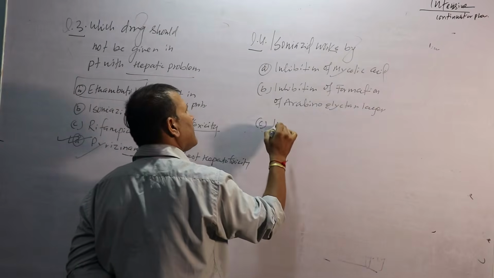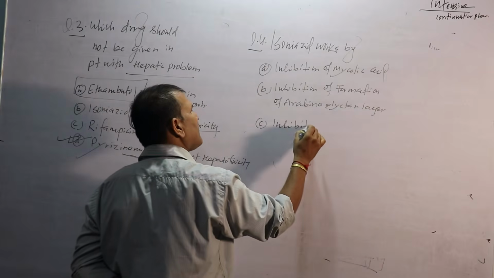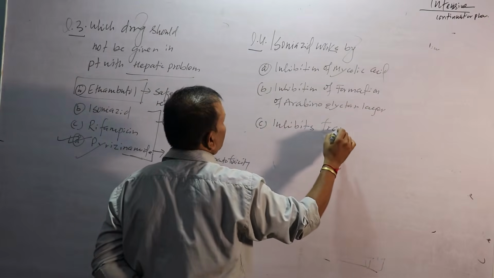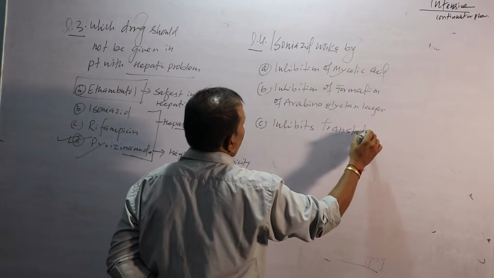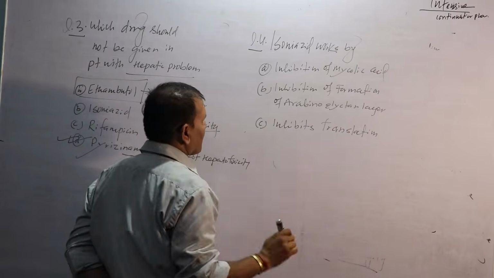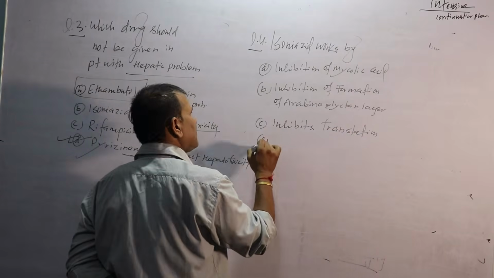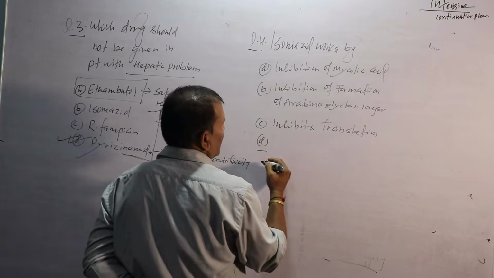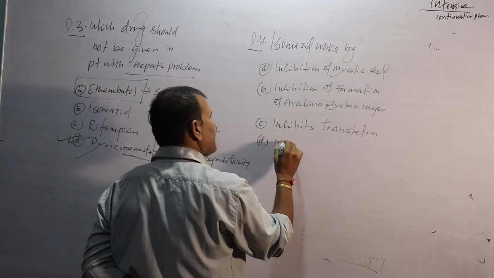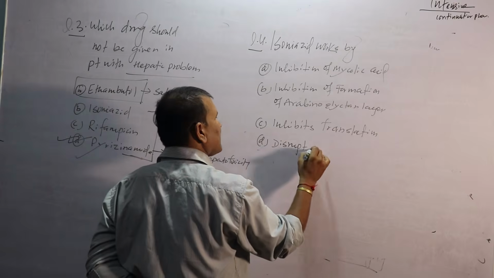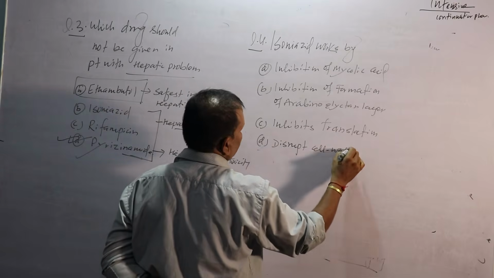C, inhibit translation. D, disrupt cell wall formation.